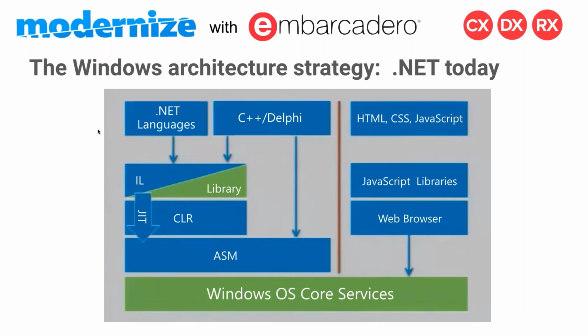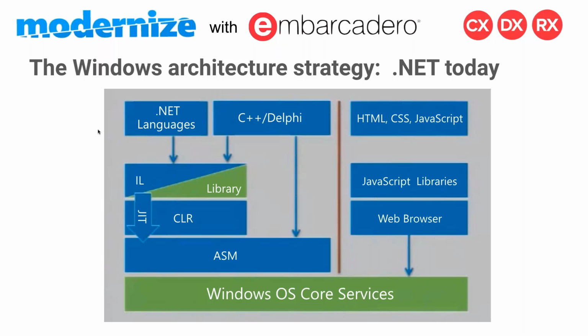But it didn't happen. This is what actually is happening with .NET today. The original target for Microsoft is that everybody would be switching over to using .NET and develop everything on top of .NET.